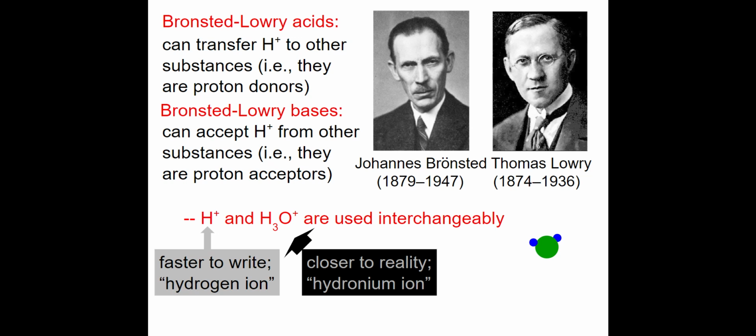You'll see the hydrogen written as H+, or as H3O+. H3O+ is actually the more accurate way because it's basically a water taking on a hydrogen to make H3O+. When we write it, a lot of times we'll just write H+ because it's simpler and quicker, but you will see both of them, so you want to understand that they are used interchangeably.